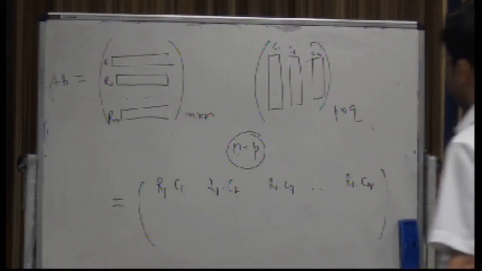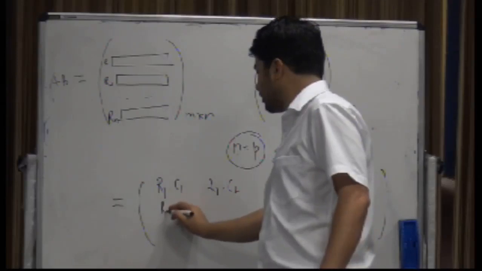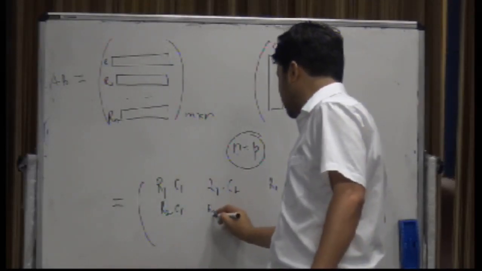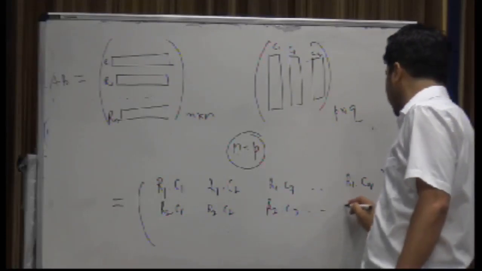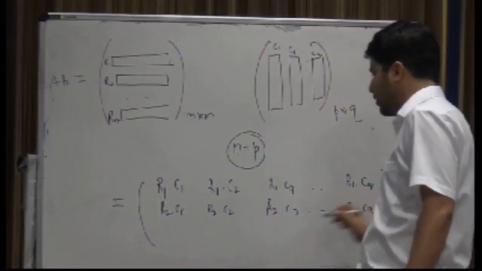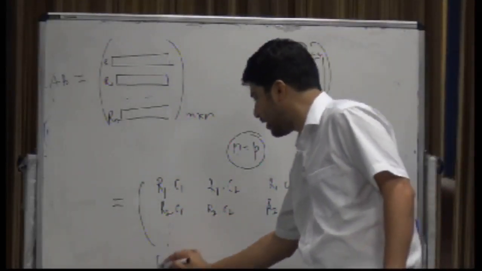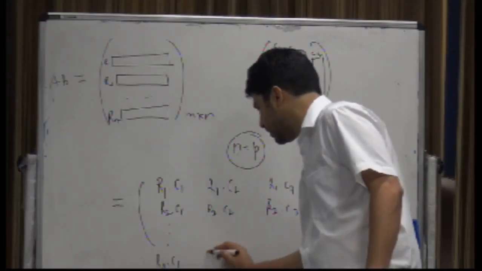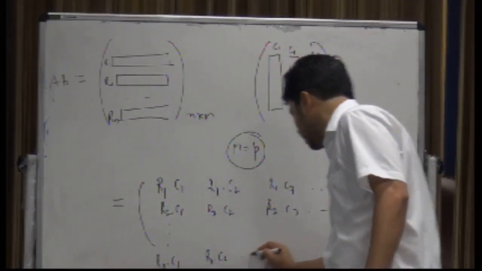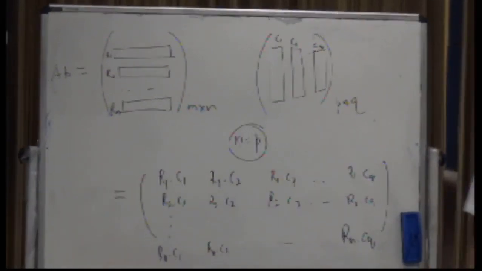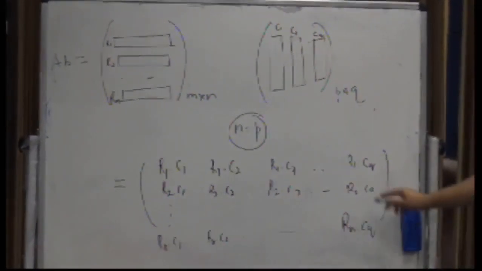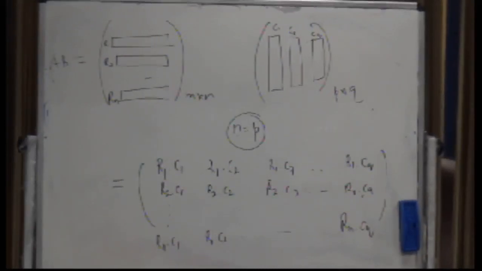Similarly, I hope you have guessed it: R2 dot C1, R2 dot C2, R2 dot C3, and so on up to R2 dot Cq, and in the same fashion we go till Rn dot C1, Rn dot C2 and Rn dot C3 till Rn dot Cq. This is how we are going to proceed, and it is a tiring task.